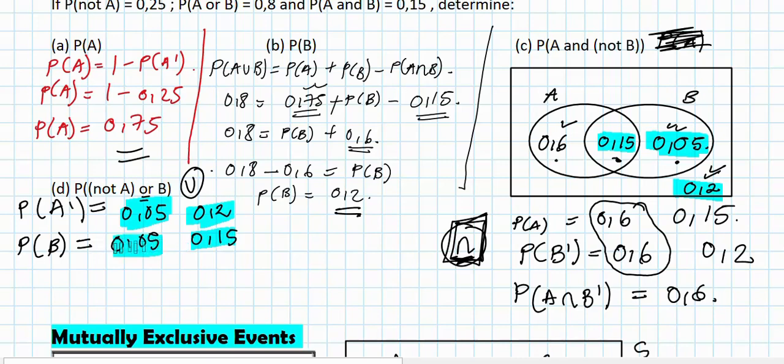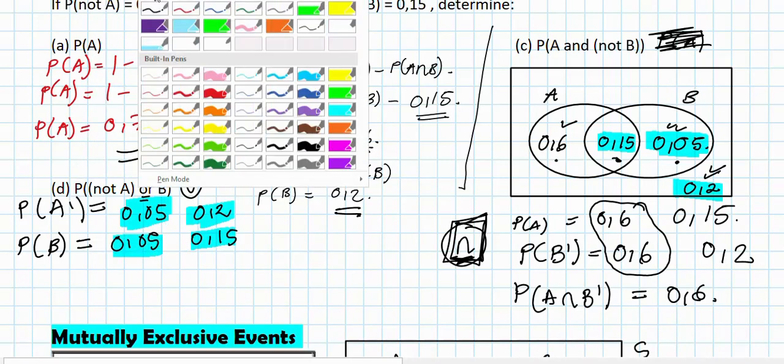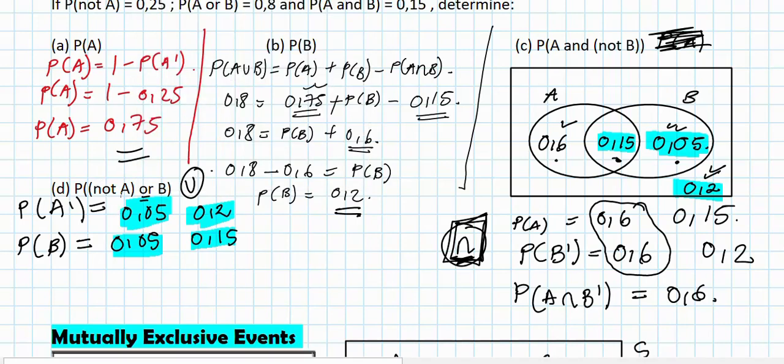So now, to answer that question, I'm going to use whatever I have here. Because I'm looking for the union, since they said or, I'm going to add all the values, but I don't count the same number twice.